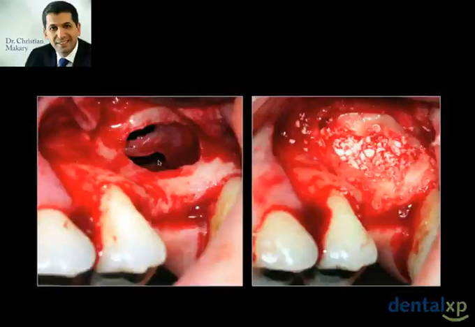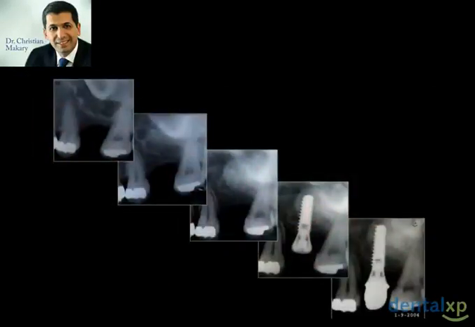This is why in this case we used a collagen membrane and we placed our grafting material, and this can lead to a very predictable result. And you can see the case before bone placement, at bone placement, and this is bone maturation, implant placement, and the finalized case.